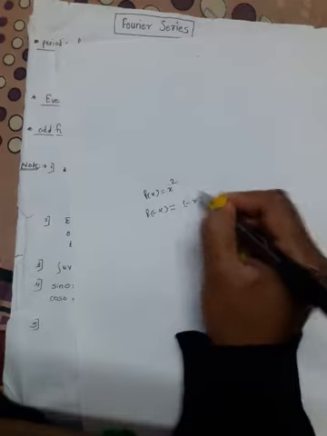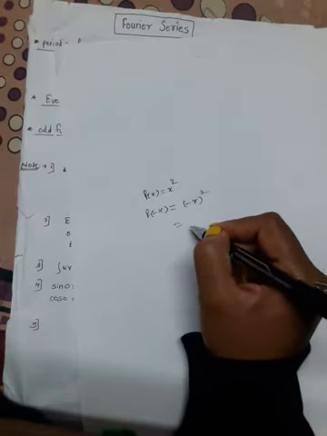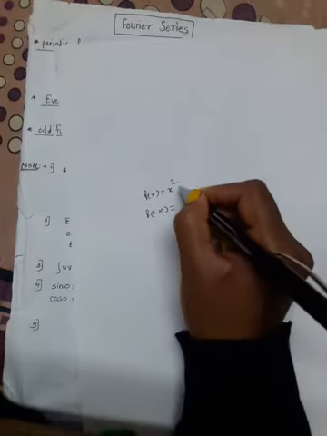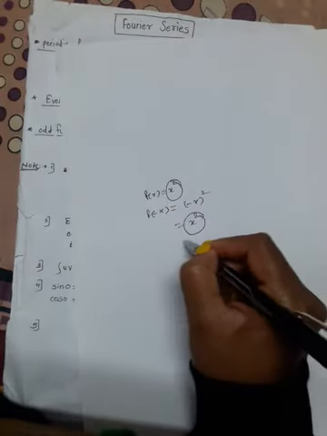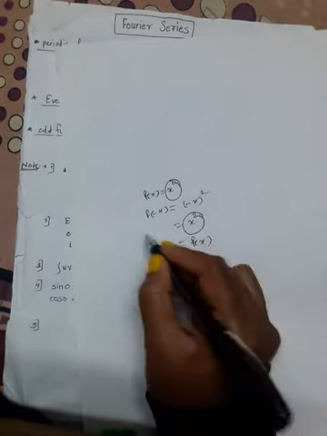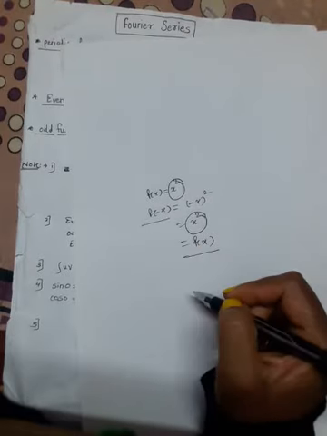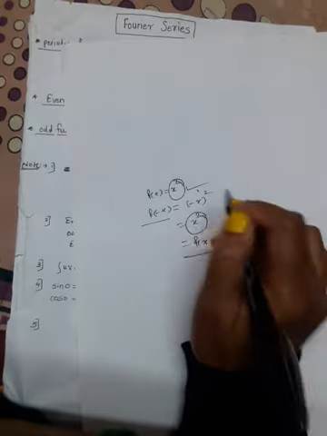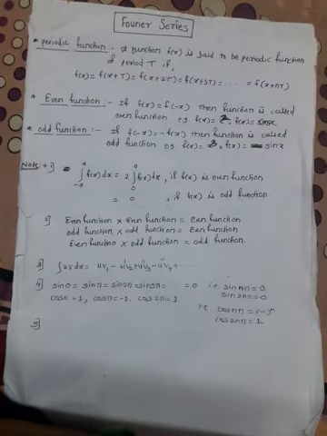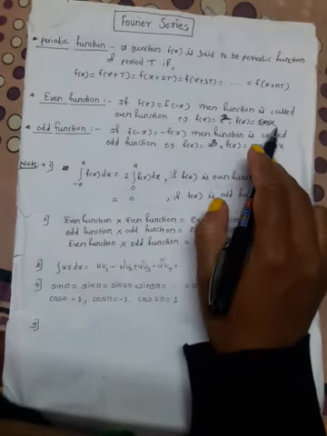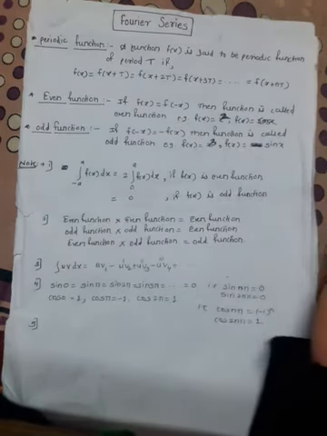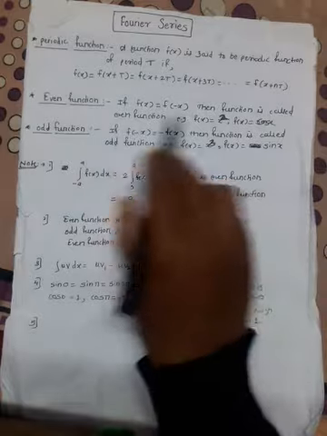So minus x square, and we know minus square is plus, so x square, which is the same as the original function f of x. That's why f of minus x is equal to f of x. In such a case, this type of function is called an even function. Similarly, cos also: if you replace x by minus x, we know cos of minus theta is plus cos theta. The function remains the same. That's why cos is also an even function.